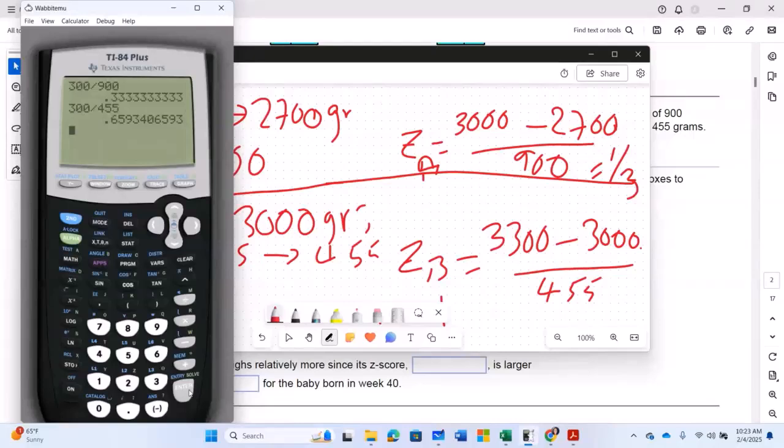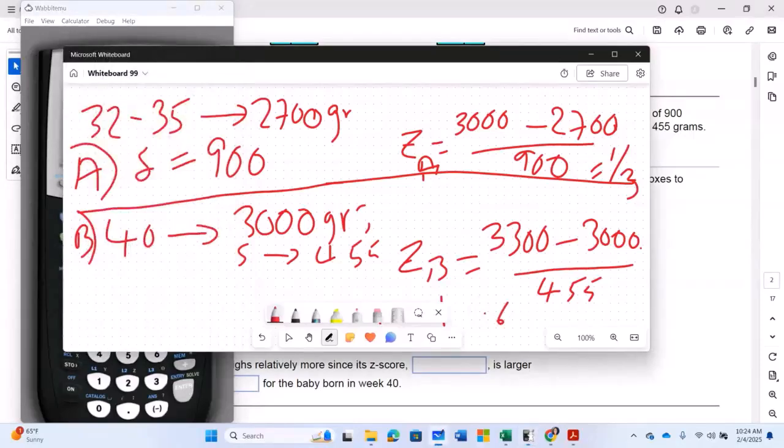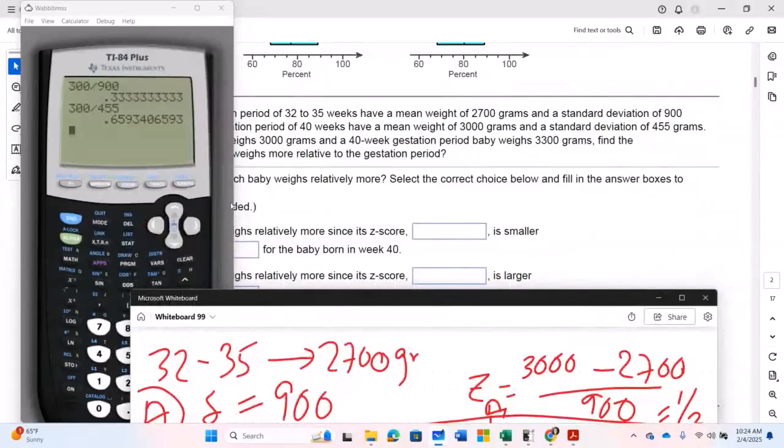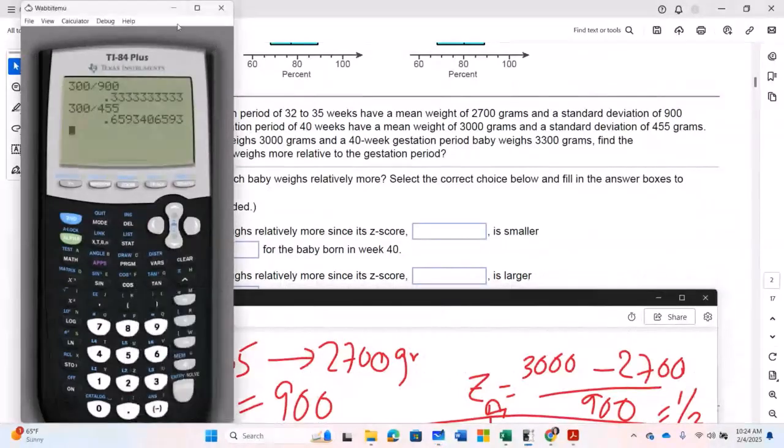So the z-score here is 0.66 approximately, while the z-score here is 0.33. Therefore, the babies that stay more than 40 weeks have the higher z-score.